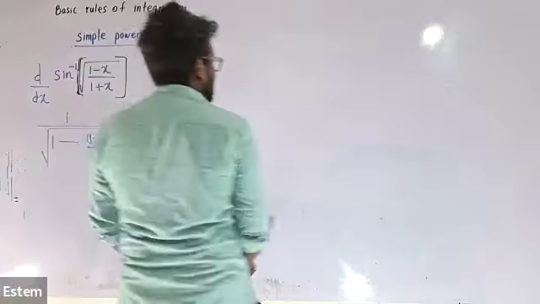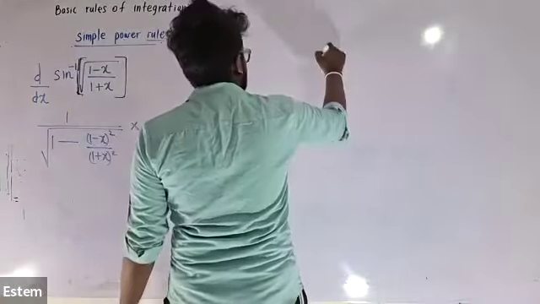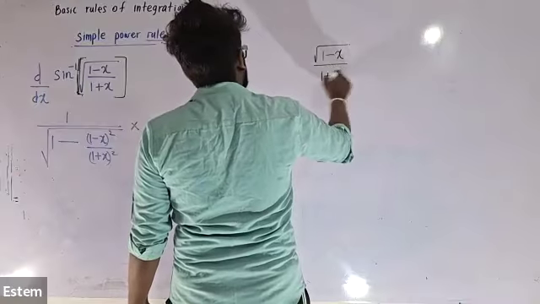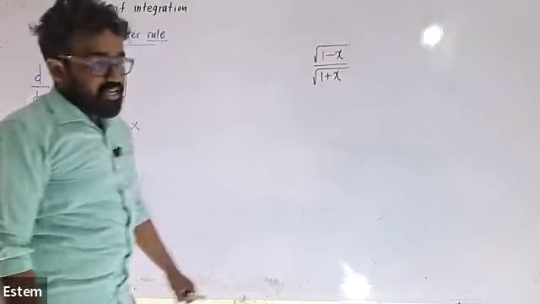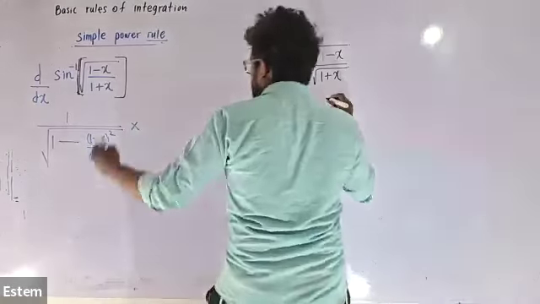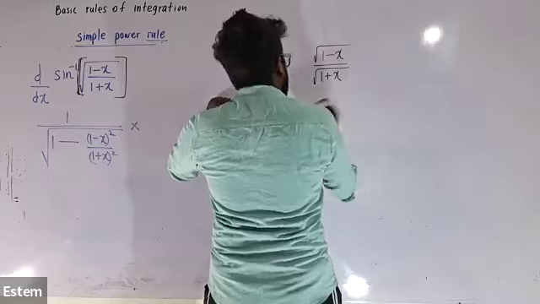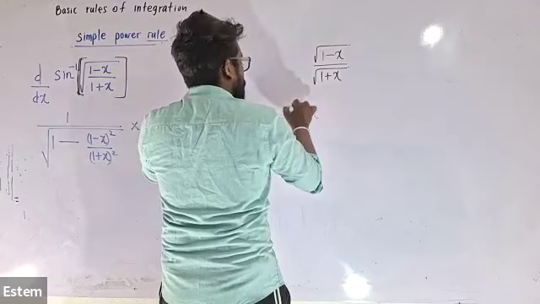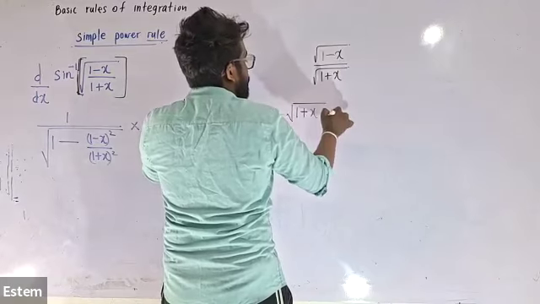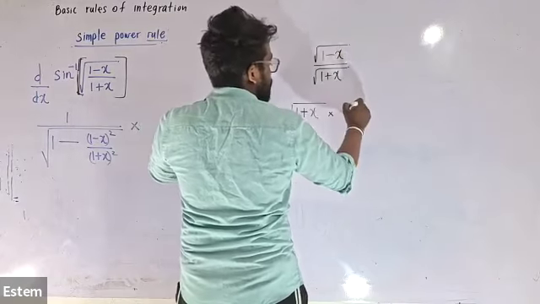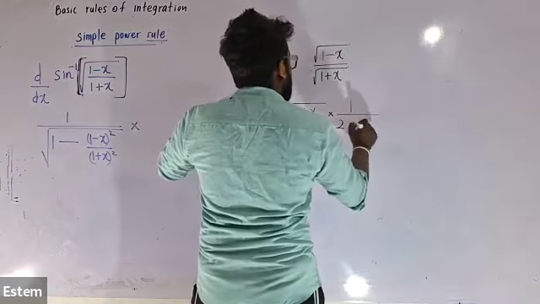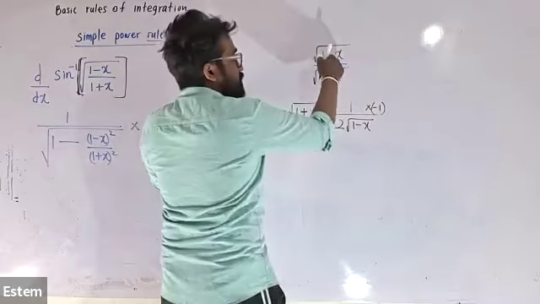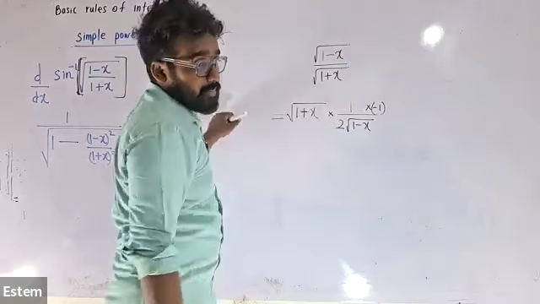A rough paper is needed here. 1 minus x over 1 plus x. I separate two square roots and I'm going to differentiate this. How do we differentiate this? Pick the square root of 1 plus x and differentiate the other. The differentiation of this is 1 over 2 square root of 1 minus x, multiplied with minus 1 because the sign of x is negative here.